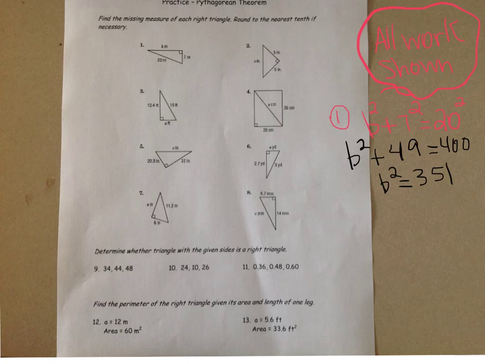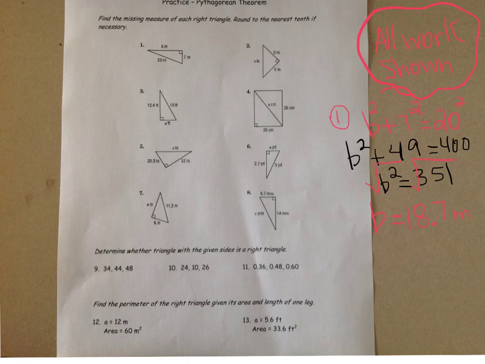At this point, you've got to take the square root of both sides. The square root of b squared is b. The square root of 351 is 18.7 meters.